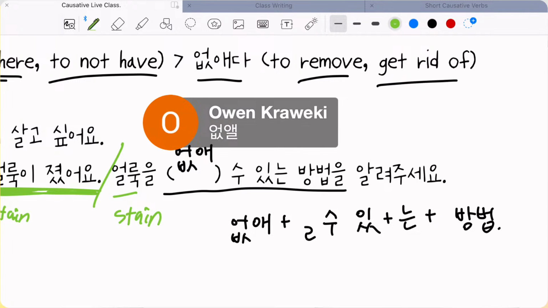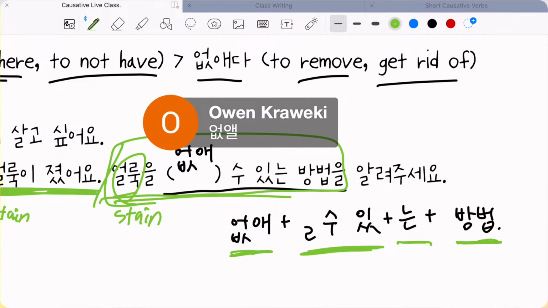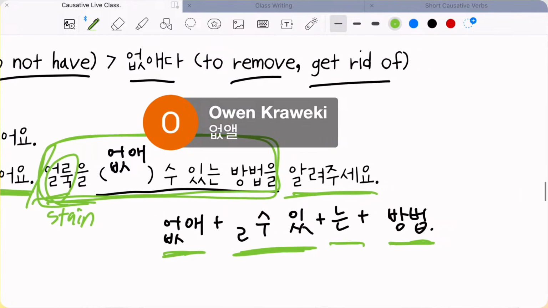So literally, it means a method of being able to remove the stain. So 얼룩을 없앨 수 있는 방법 means how can I remove the stain? 방법을 알려주세요. Please let me know.